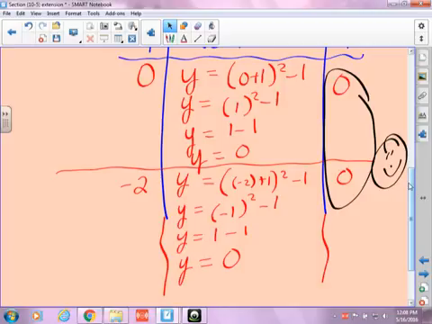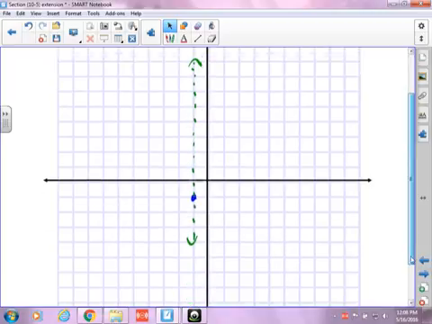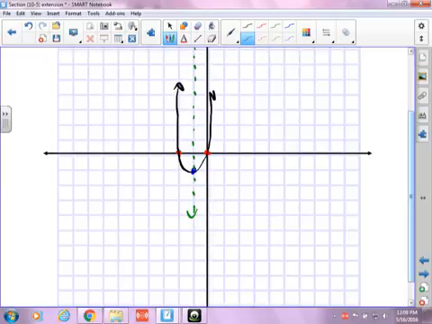Okay, so then if I graph this, zero. Notice that I actually solved it. Did you notice that? Yeah, I got 2 solutions. So if they asked me to solve it, I could say 2 solutions.